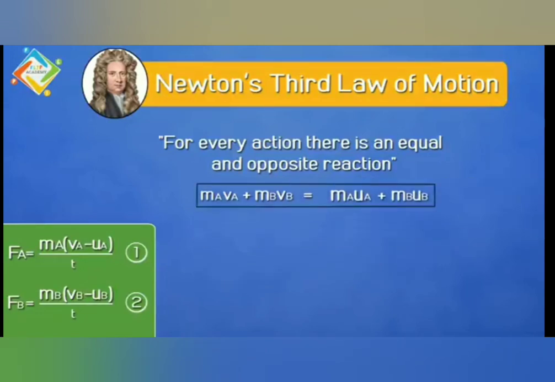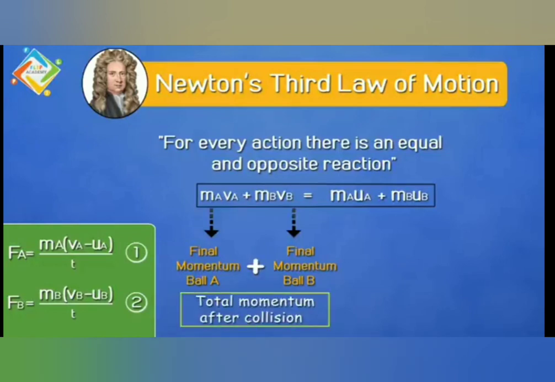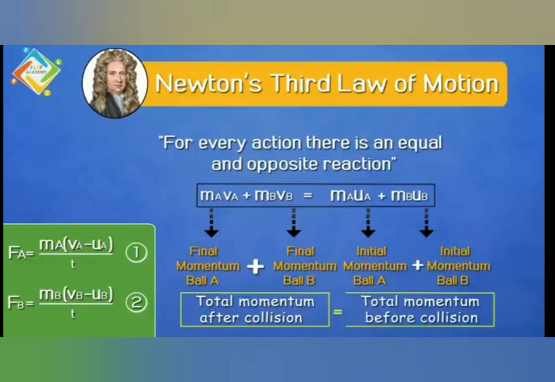Considering the left hand side of the equation, MAVA is the final momentum of the ball A, while MBVB is the final momentum of the ball B. So if we add these two values, it will give us the total momentum after the collision. Similarly, the right hand side of the equation gives us MAUA, which is the initial momentum of the ball A, and MBUB, which is the initial momentum of the ball B. On adding the two terms, it gives us the total momentum before collision.